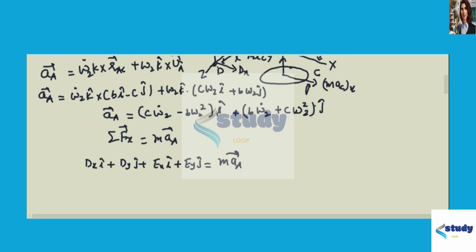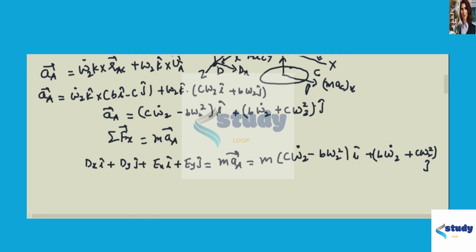Substituting the value of acceleration, we may write m c rate of change of omega 2 minus v omega 2 square I cap plus v rate of change of omega 2 plus c omega 2 square j cap.